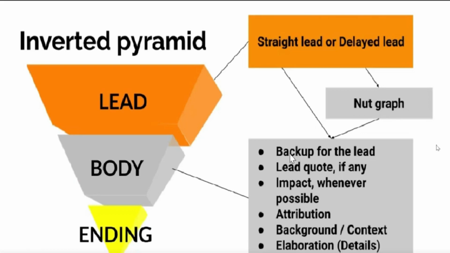In the second paragraph or in the backup lead, you need to mention the names of the places na na-specify mo or naisulat mo doon sa straight lead mo. And names or other important details to further support your straight lead. Then may magandang quote to back up the lead. Ipapasok mo ang lead quote sa story.